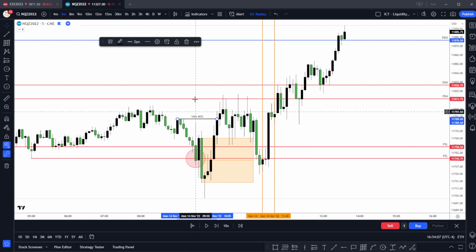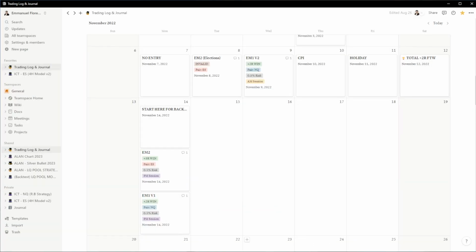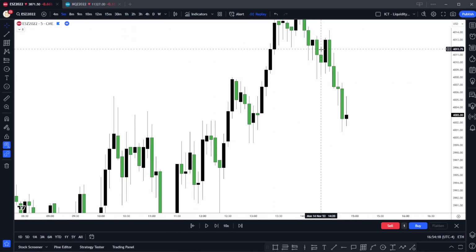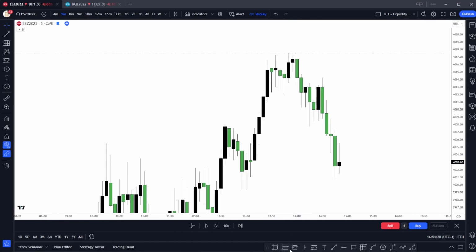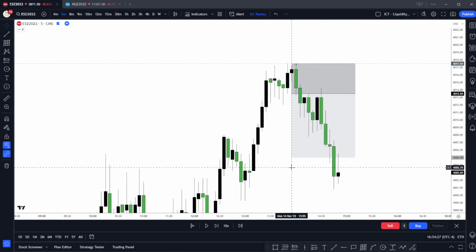So let's, or actually I need to check one thing. Okay, because I'm going to be testing out these 4R models, I need to make sure that I am making note of what happens after the 3R profit is taken.